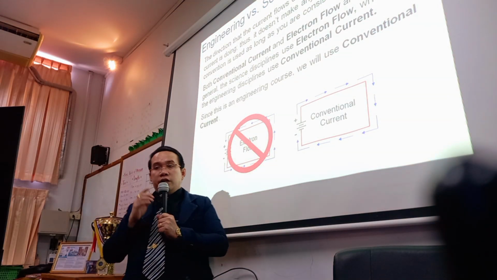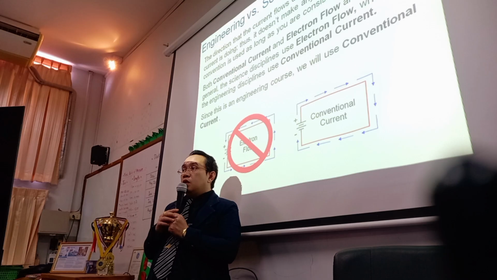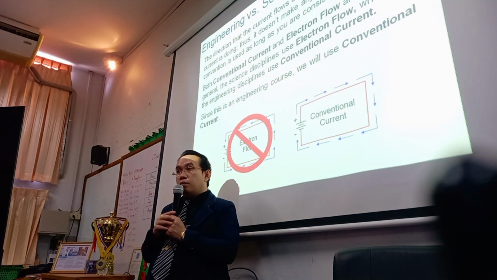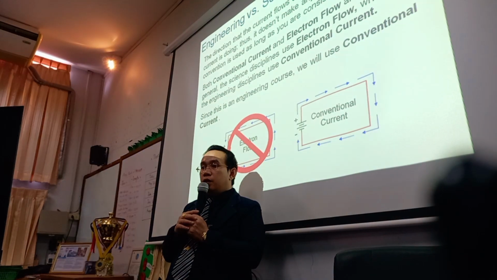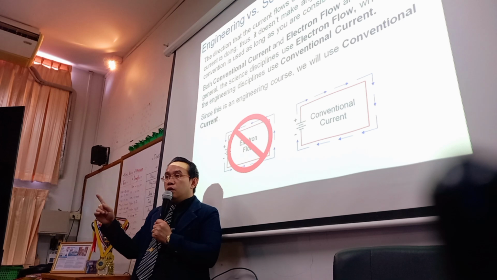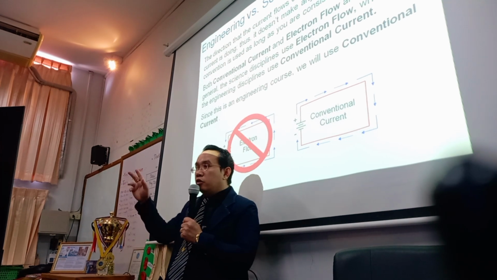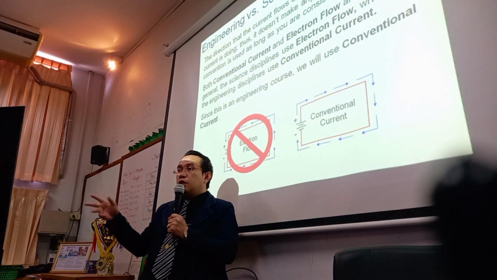Whereas the engineering discipline uses conventional current because it involves complex situations and different materials. So, engineering courses will use conventional current, not the electron flow diagram. But the electron flow diagram is emphasized for students' applications.